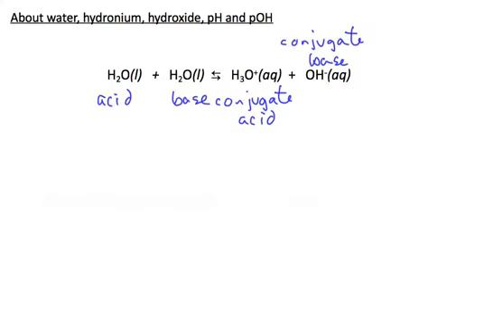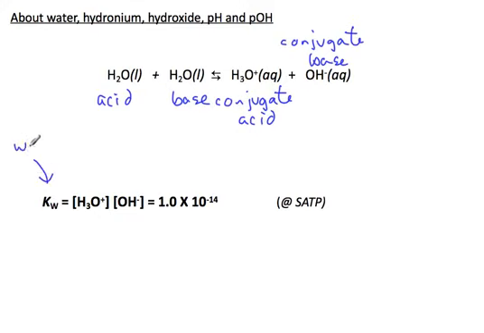And so if that is an equilibrium, it's going to have a K expression, and that K expression looks like this. It's called Kw, the water dissociation constant, and it actually has a value of 1.0 times 10 to the minus 14.